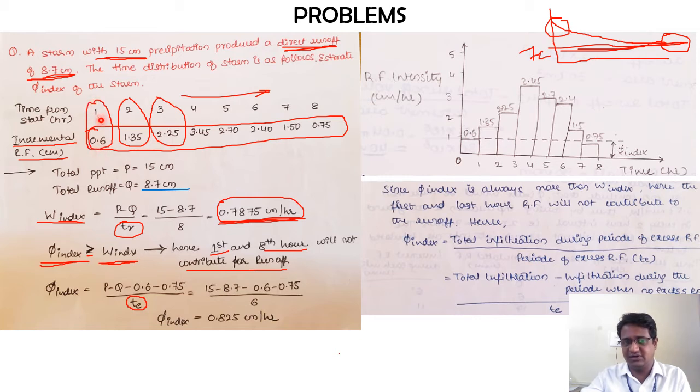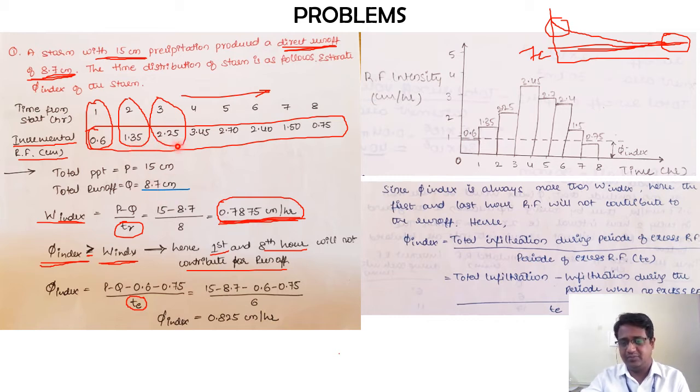So the intensity of rainfall for the first hour is 0.6 centimeters per hour. Similarly, for the second hour, the intensity of rainfall is 1.35 centimeters per hour. Similarly, for the third hour, it is 2.25 centimeters per hour. I hope you are getting this. Since they have given these split up in terms of hour only, all these values will be in terms of per hour only.